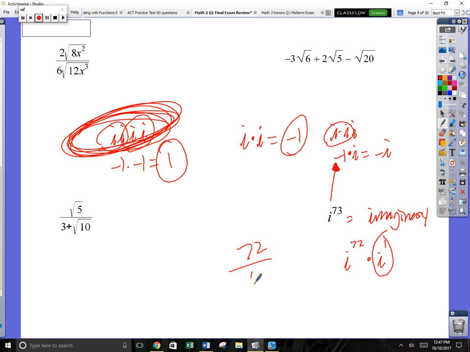So if we just do 72 divided by 4 on your calculator, that is exactly 18. So that comes out an even amount. That means this is a positive 1 times your leftover, and that equals i.